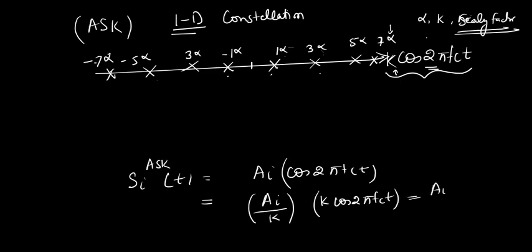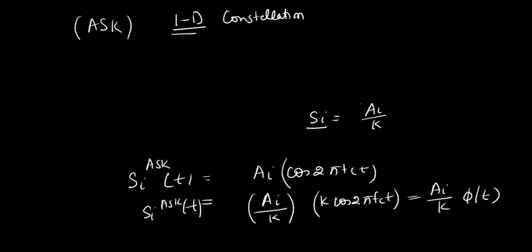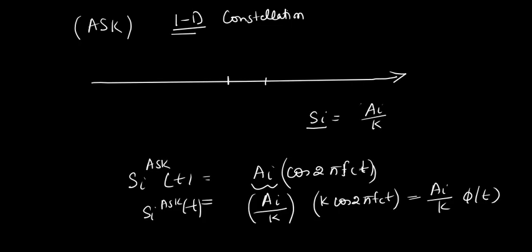So, you can write okay, I can represent each point of the ASK as A i by k, right? Where will the value of A i come from? There are various ways to represent things. So, let us take one. What is ASK? Cos 2 pi f c t, phase is fixed, you are changing only the amplitude. Yes, you are changing the amplitude.